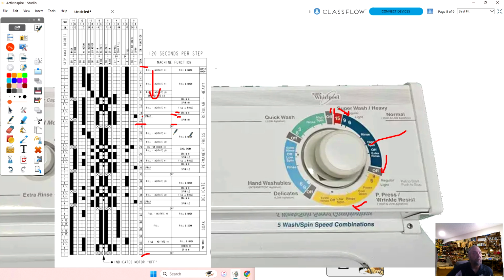So the first cycle is from here to here, and then what does it say right there? It says off, and that's this off position right here. After that off, we're going to go into the permanent press cycle. And here's our permanent press, P press. It starts right here, and it ends right here, which would be at this point in our cycle.